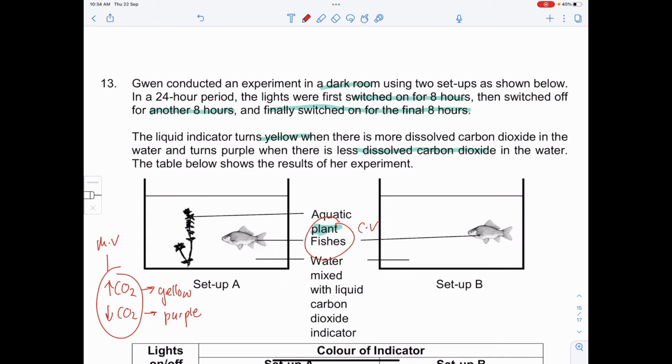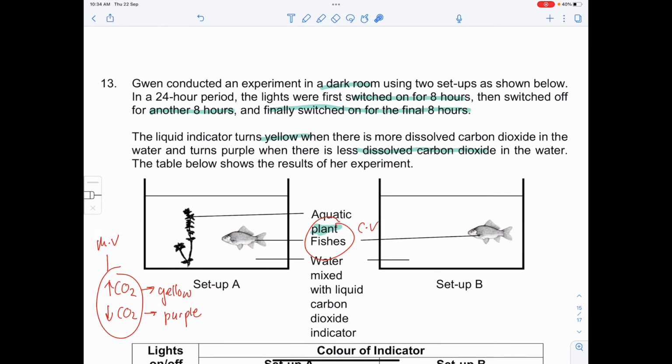So just based on this, straight away I know that the plant, when light is on, should basically reduce the amount of carbon dioxide, and hence it should be purple in color when the light is on. And when the light is off, there should be an increase in carbon dioxide. Now, here's the thing.